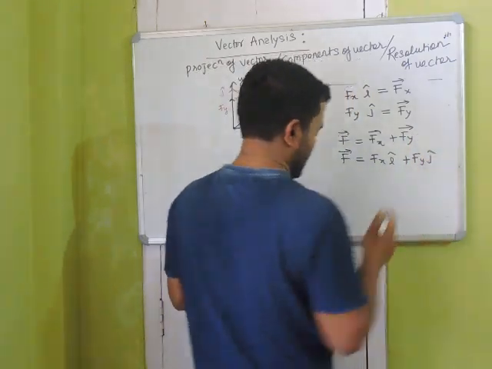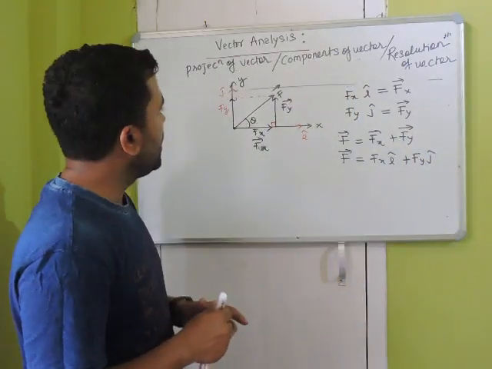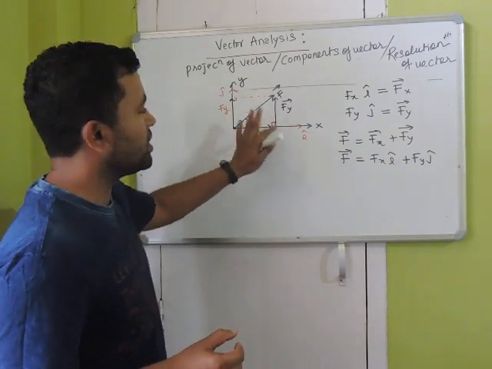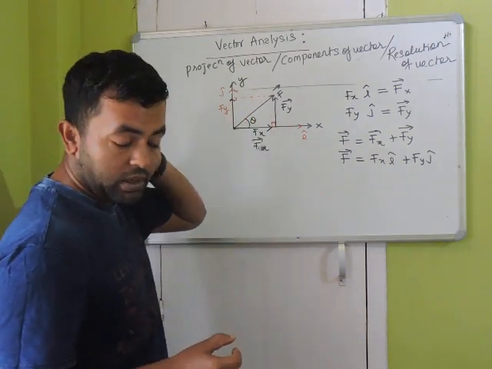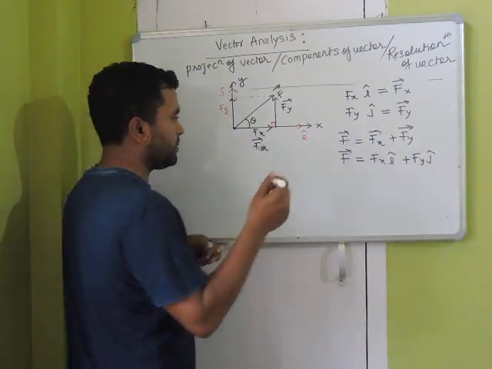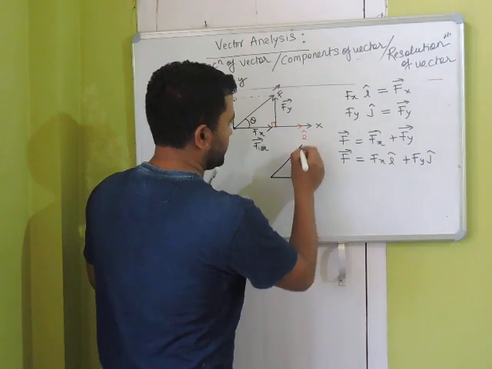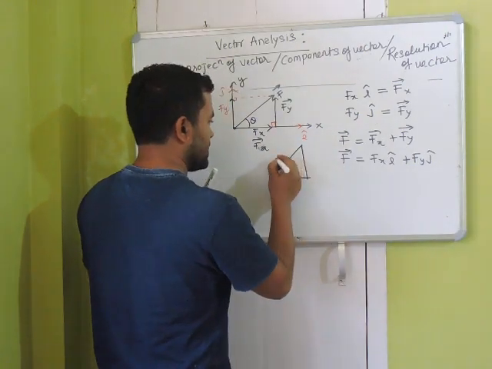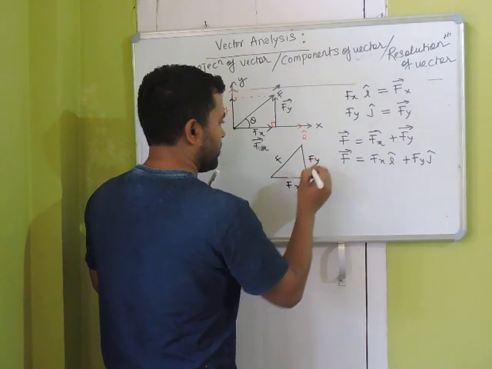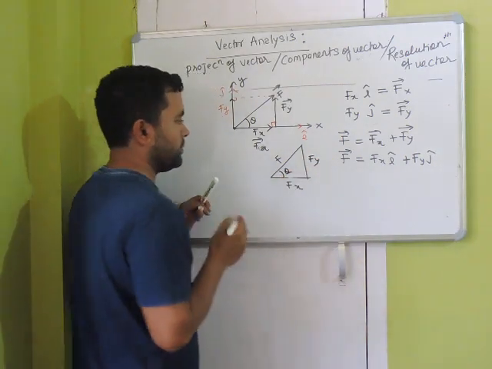Now this is one representation of it. These are the same representation. Now let us use Pythagoras theorem or triangle law here. So in this triangle you can imagine this triangle, this length is F, this length is Fx and this length is Fy, this is theta.